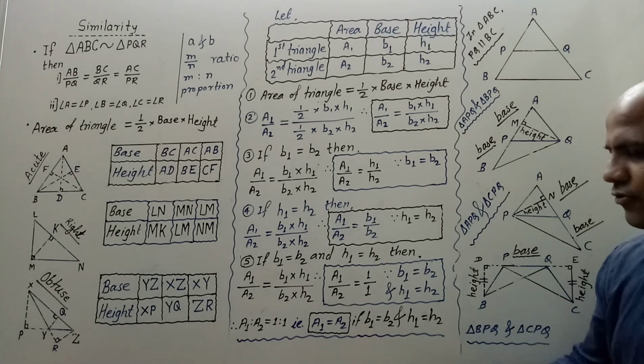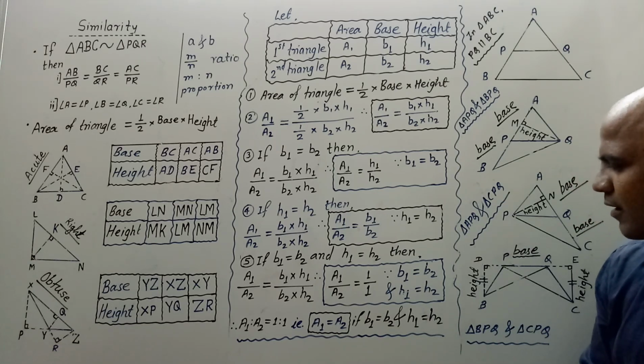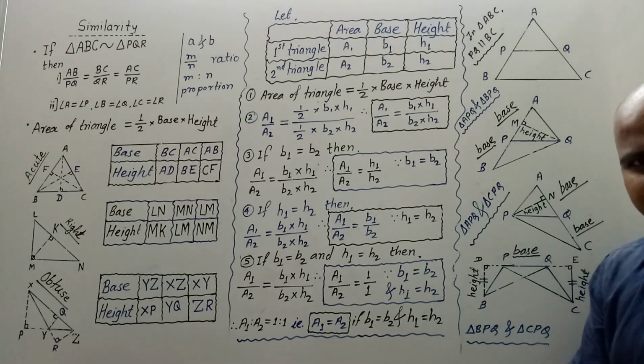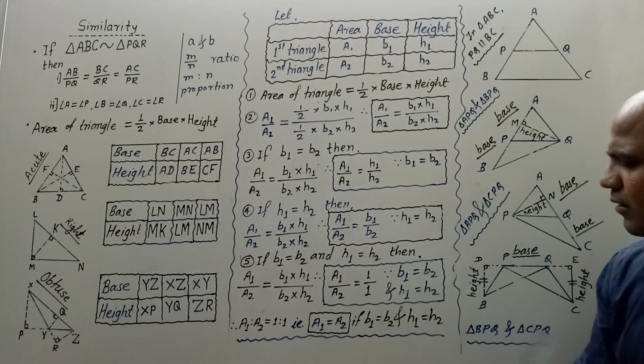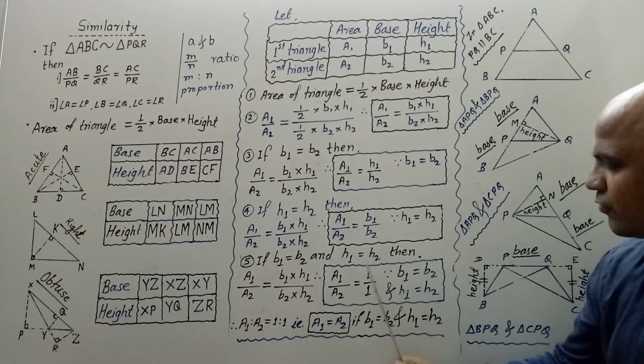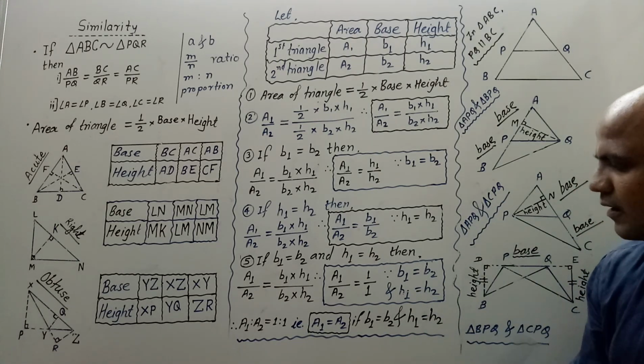The ratios of areas of two triangles with equal bases and equal heights are equal.